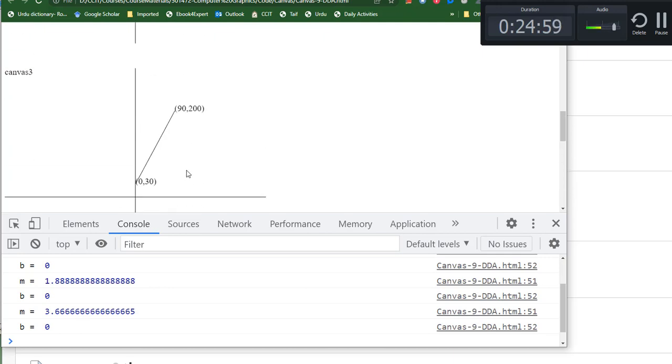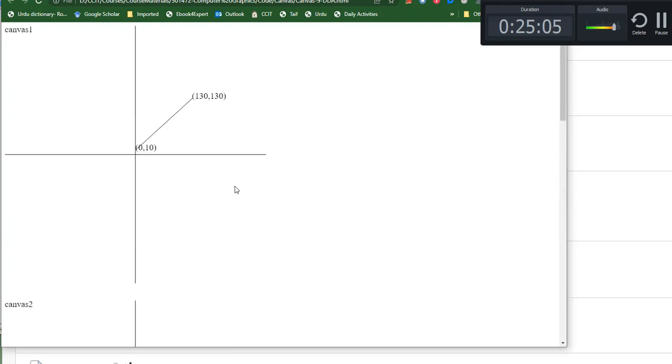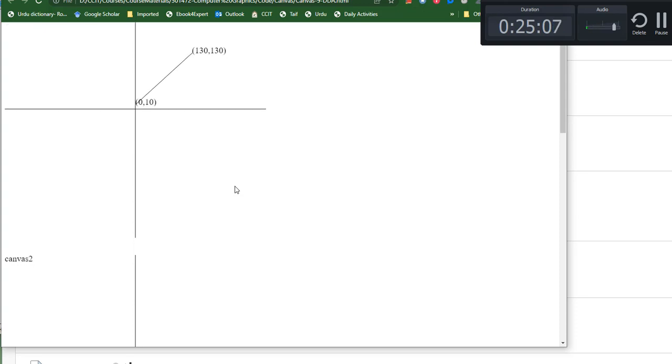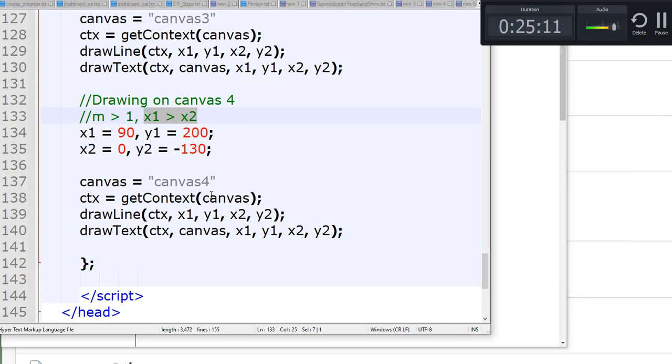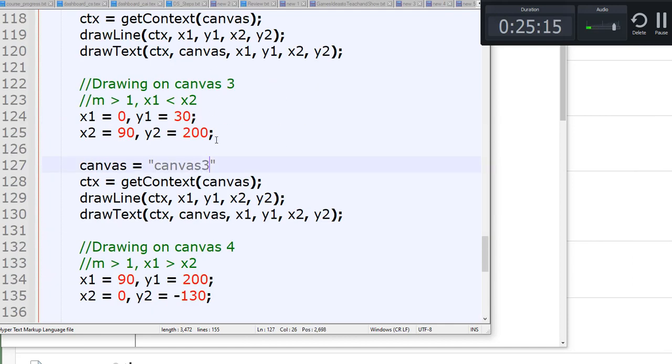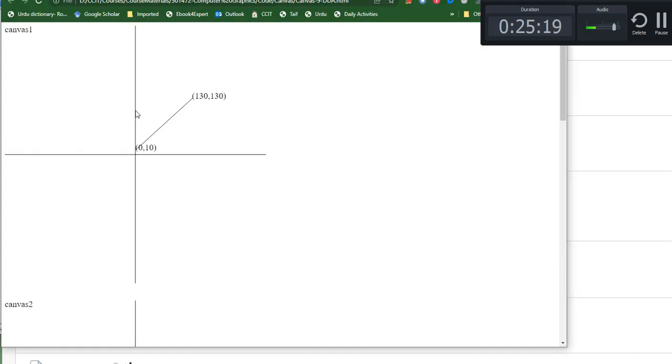So I have 4 canvases here to tell you that even though you can define all of them on the same canvas, it's not a problem. Instead of changing this to canvas 4, you can make it the same as canvas 1, for example. If you make them all canvas 1, they will be on the same canvas, but it may be confusing for you.